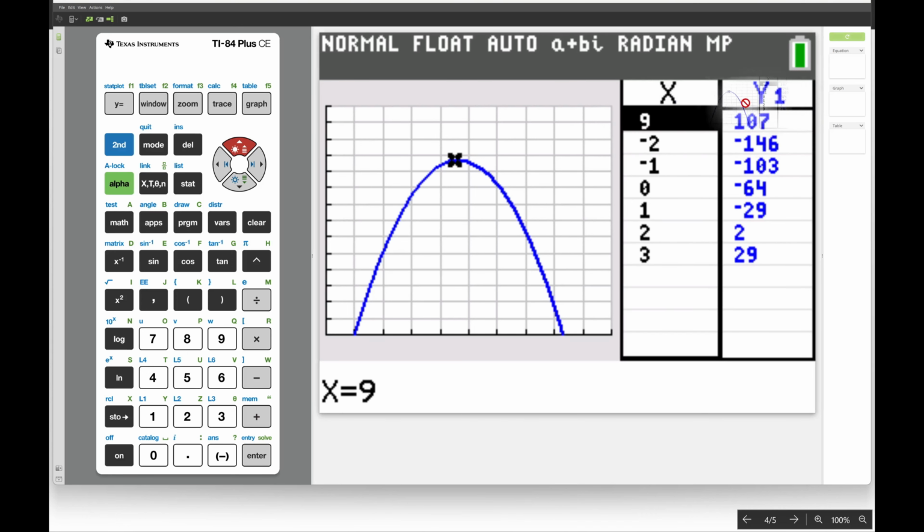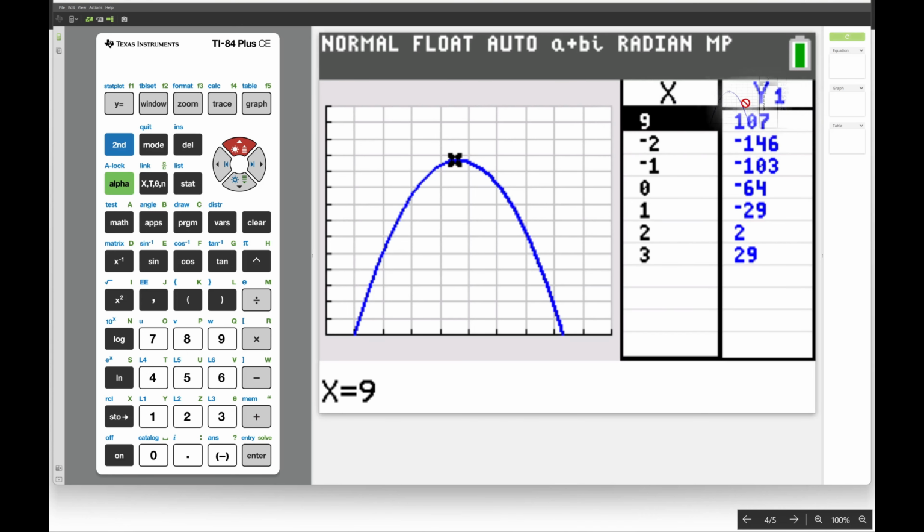Now, that doesn't mean that I'm getting $107 for every doll that I sold. That means that they're going to pay for their doll. I'm going to take out all of my operating costs, or how much it costs me to make the dolls, and what's left over is $107.